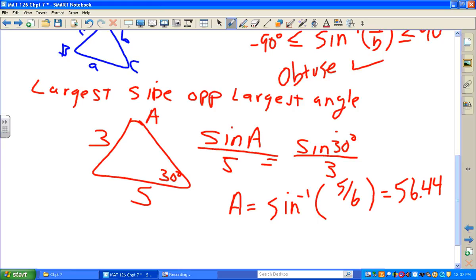And you ask yourself, is that angle really, let's just call it 56.4 for fun, is this angle really 56.4? Or is this angle actually 123.6? How do you know?